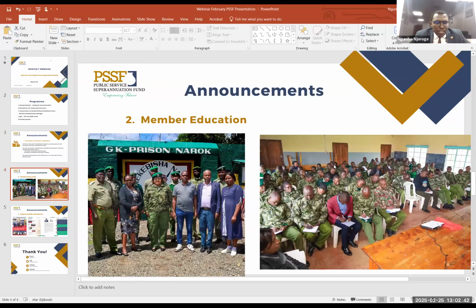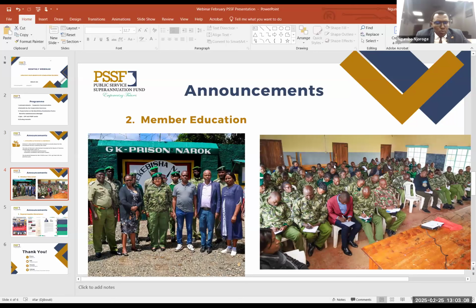The second announcement pertains to member education, which is an ongoing exercise. In January, we partnered with the Kenya Prison Service to conduct member education across their different facilities around the country. This was the first phase of that engagement with the Kenya Prison Service. We intend to carry out these exercises with other employers for the rest of the year.